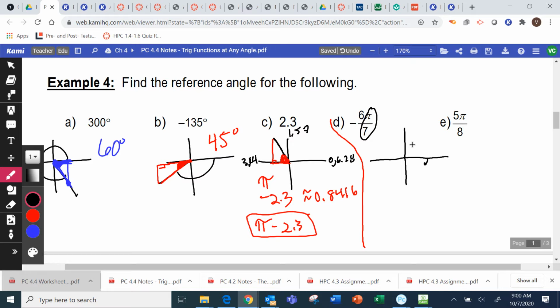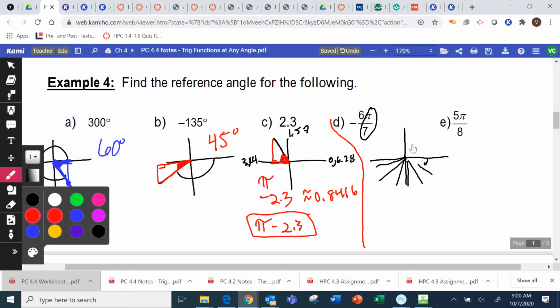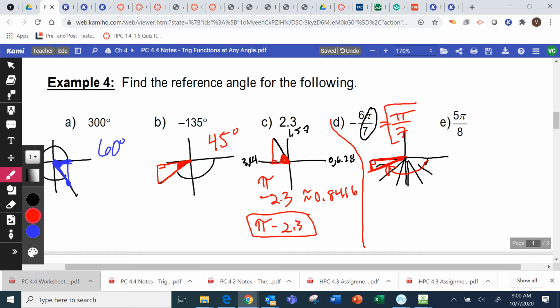So I'm going to divide the down part into 7 equal places, somewhat. There you go, 7 places. Those are equally spaced, and we are going to pass through 6 of them. So what reference angle do I have? Just 1 more pi over 7 to get me to the x-axis.